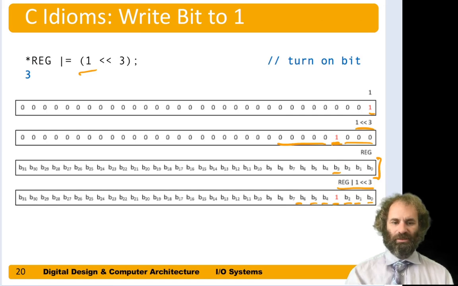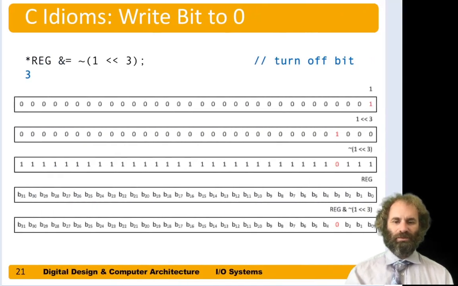And we've changed the I/O register to now have a 1 in the 3rd column. Finally, if we want to write a 0 to a particular bit, let's start with our 1, shift it left by 3, now that's a 1 in the 3rd column. Now we invert that, so we've got ones in all the columns except a 0 in the 3rd column. Now if we AND with the value of B, 1 AND anything makes itself, 0 AND anything makes 0. So we're left with all the bits of B unchanged except the 3rd bit is forced to 0.